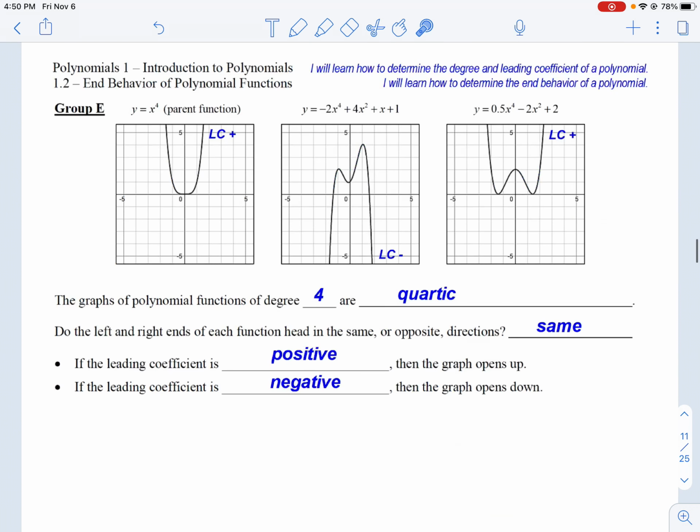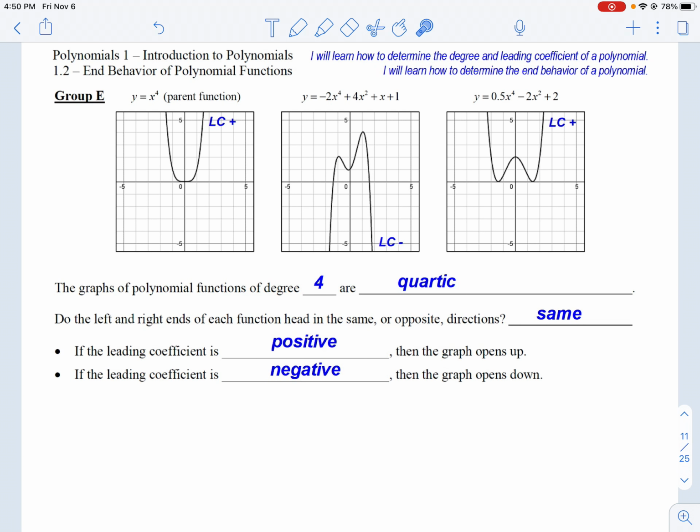Okay? Two more. We have the graphs of a polynomial function with a degree of 4. Where is 4? 4, 4, and 4. These are called quartic graphs. Do the left and right ends of each function head in the same or opposite direction?